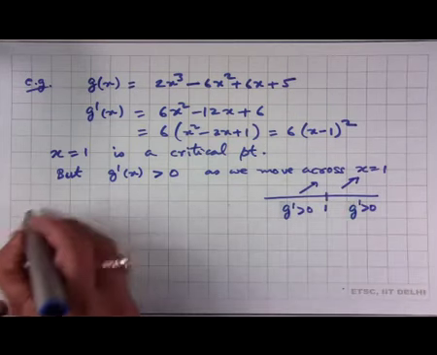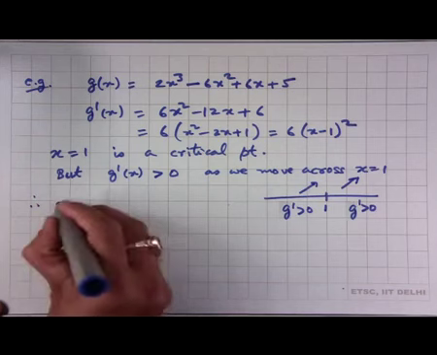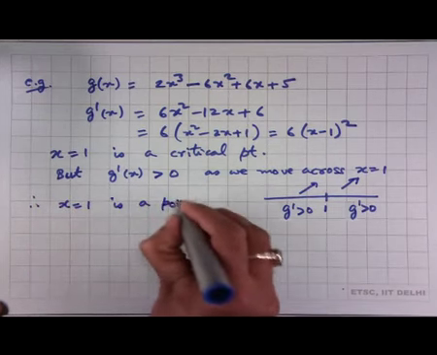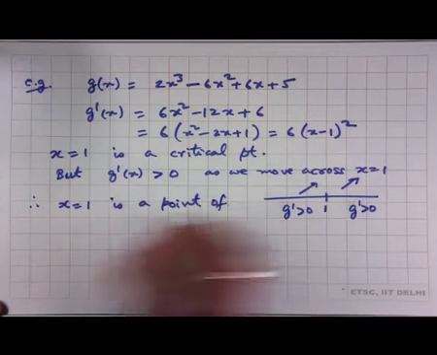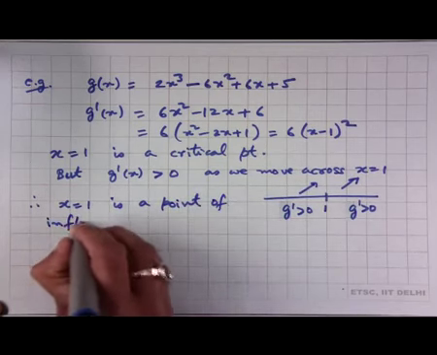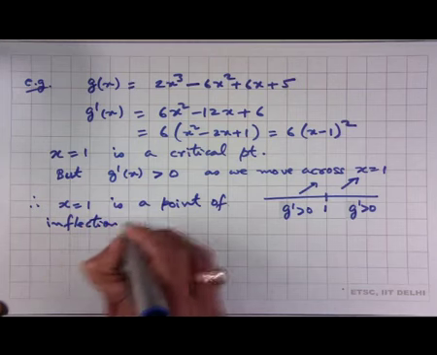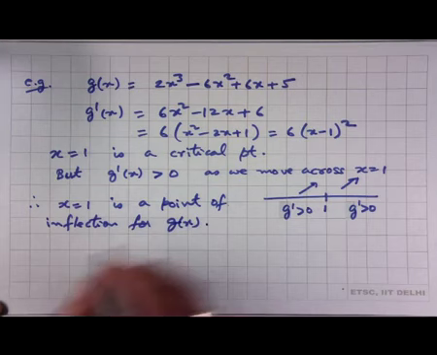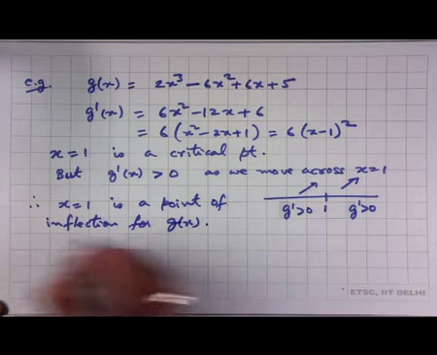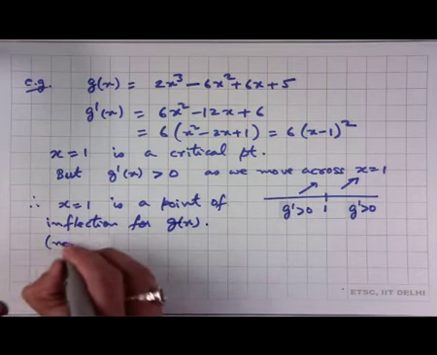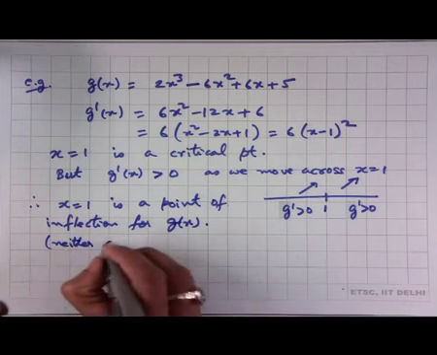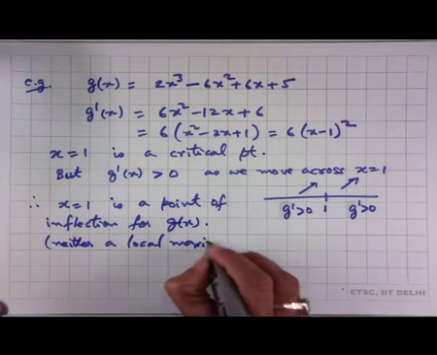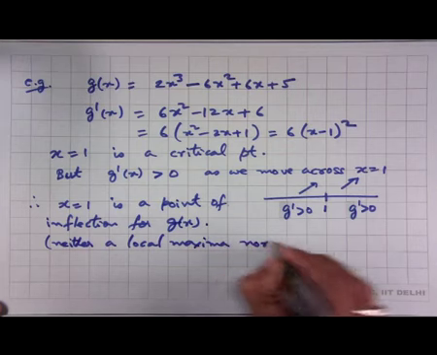So, in this case x equal to 1 is a point of inflection for g(x). It is neither a local maxima nor a local minima.